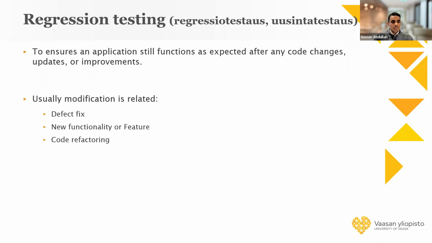The next one, which is before the last one, is regression testing. Regression testing is needed sometimes after you test your application, and then a change happens. For example, a defect is fixed. You don't have to test all the applications again.